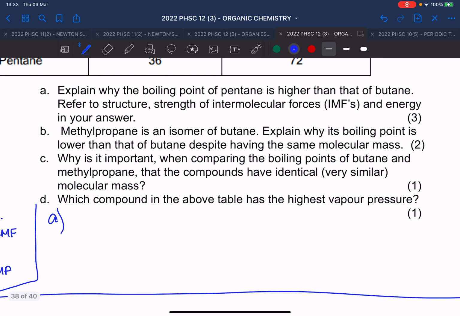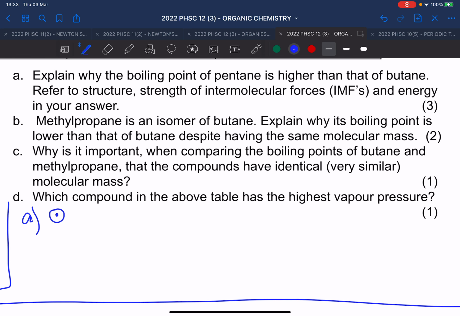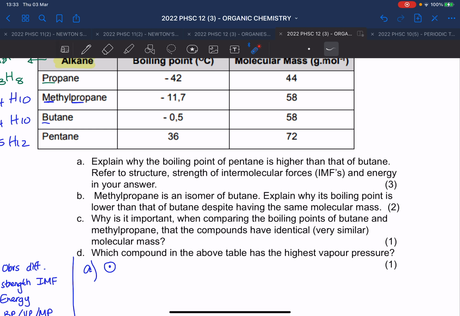So the first thing that you must do is refer to the obvious difference. What's the obvious difference between pentane and butane? The one is 4 and the other one is 5 carbons. So the one is longer than the other one. Or if you look there, butane and pentane, the one's mass is greater than the other.